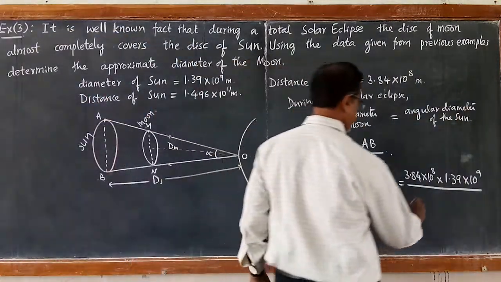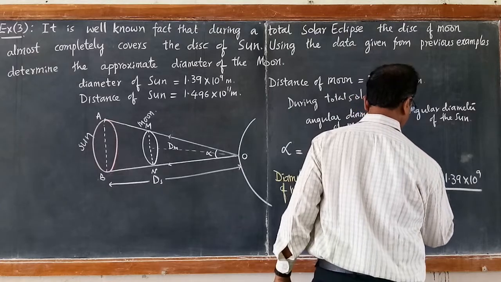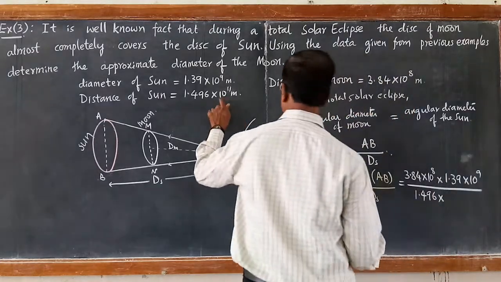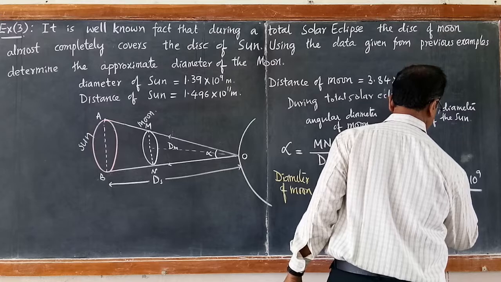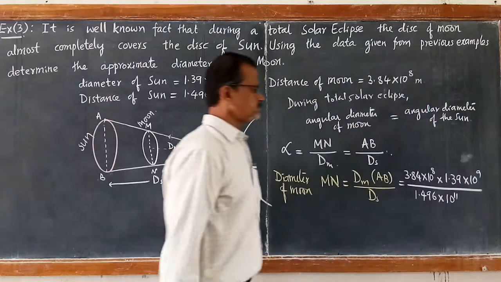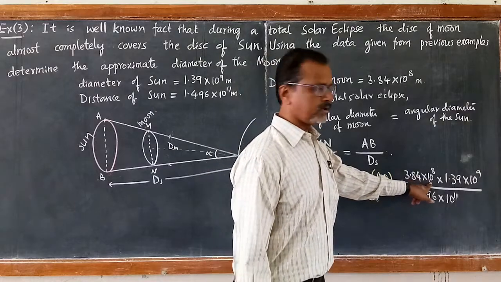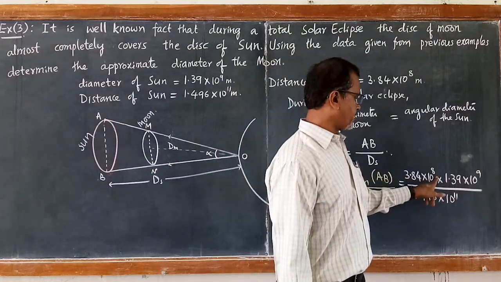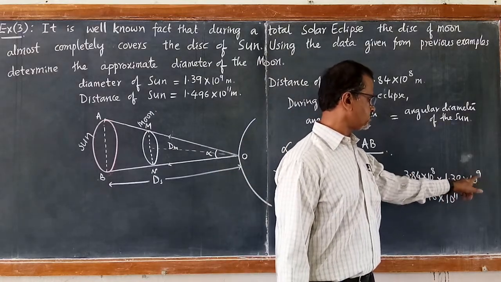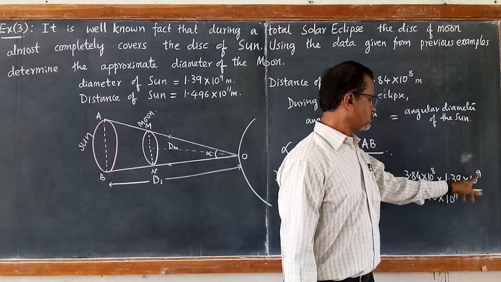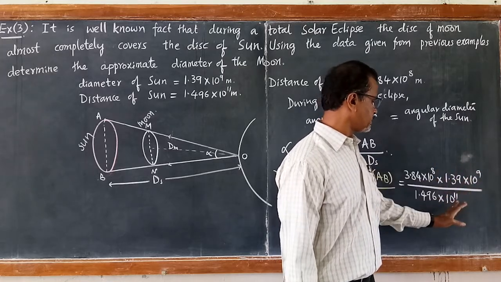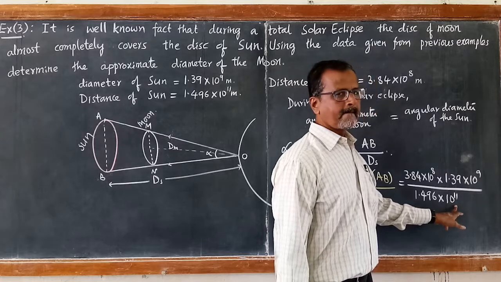Distance of the sun is 1.496 into 10 raised to 11. Now if you simplify this, see the powers of 10. 10 raised to 8 plus 9, it becomes 10 raised to 17. 10 raised to 17 minus 11.